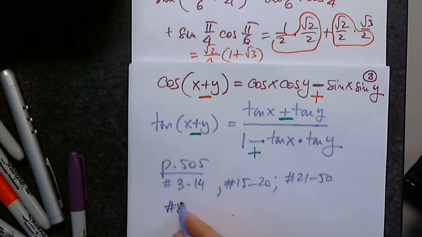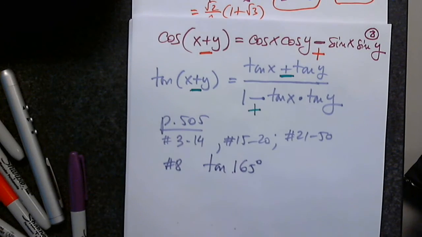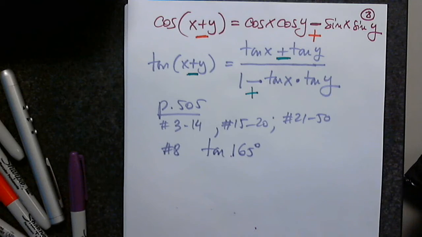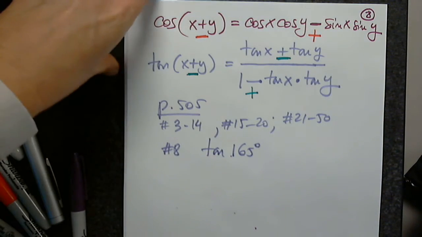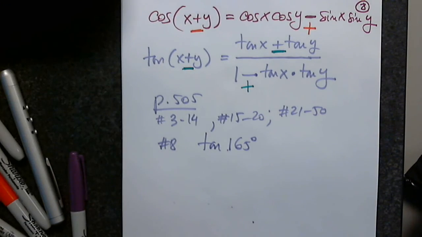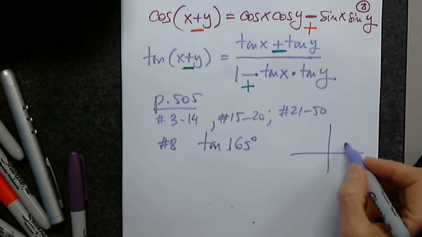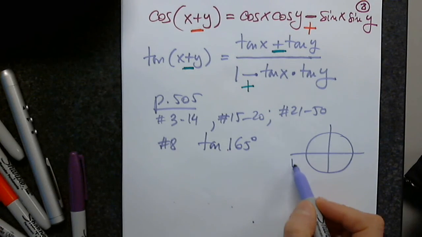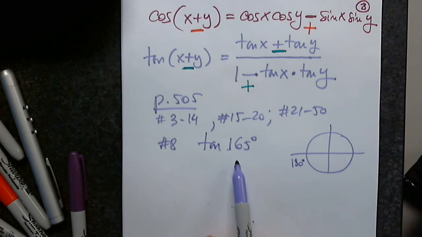Good. We are asked to find tangent 165 degrees. Here's the question. Use an addition or subtraction formula to find the exact value of the expression. So tangent 165, so this is 180. So 15 degrees shy of it, right?